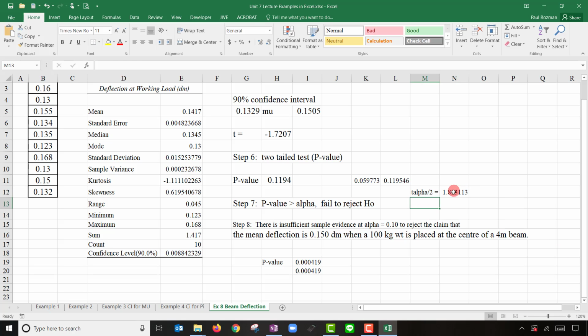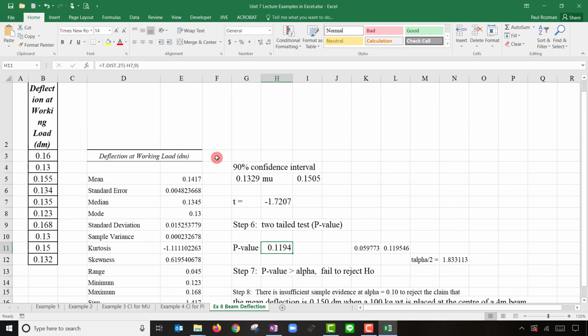Oh, it didn't match. Oh, yeah, it did match. That was what we read off the table. Remember, this is our test statistic here. So using Excel is pretty handy for getting p-values, that's for sure. And it is also very handy for getting your mean and standard deviation, particularly when you have larger data sets.